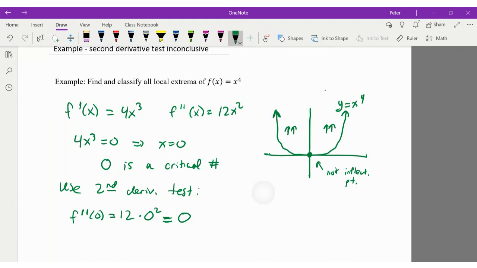So the only thing you can do is go back to the first derivative test.